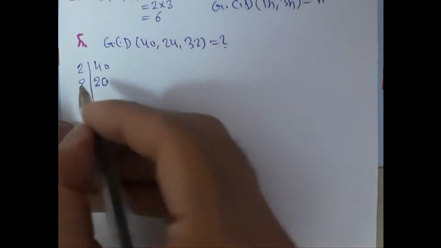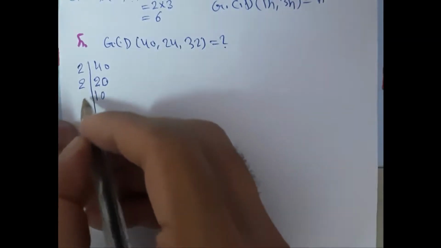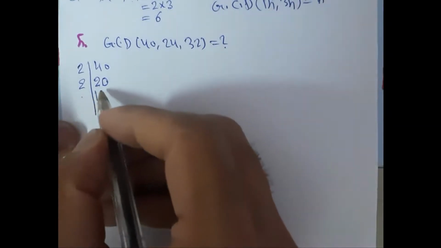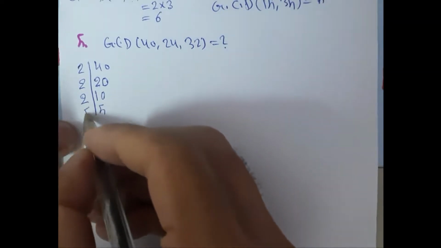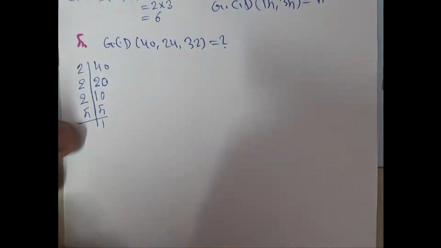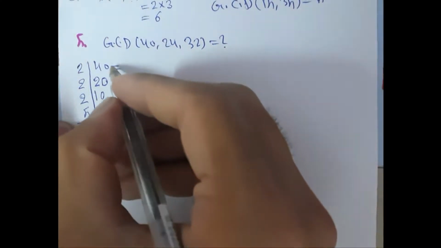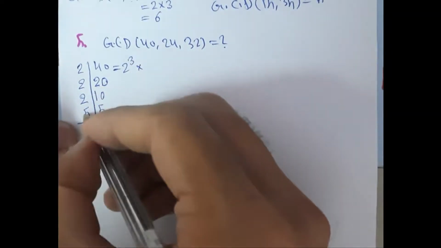Here 20 divided by 2. 2 divided by 2 is 1, and 0. 10 divided by 2 is 5. 5 divided by 5 is 1. 40 is equal to 2 power 3 times 5 power 1.